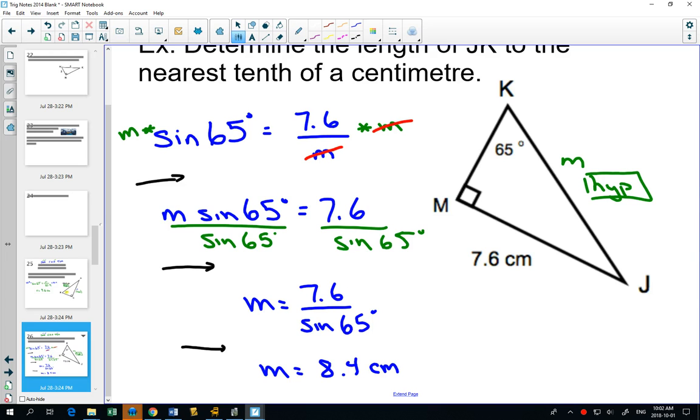And then I divided by sine 65. Okay, that's how m got by itself. And then from here to here, I must have used my calculator, because I don't see how mental math I could have gone from this to this otherwise. Okay? And it's in checking over things that you might go, oh, maybe I approximated here at the end. Maybe I should add that detail because I forgot to do that.